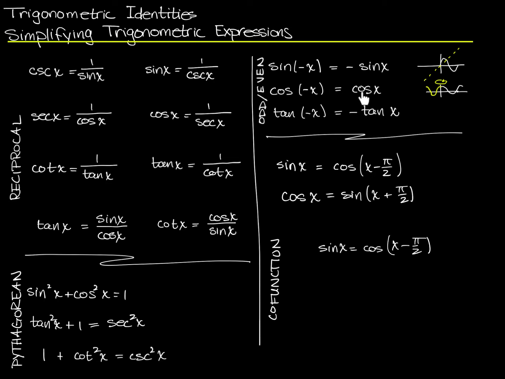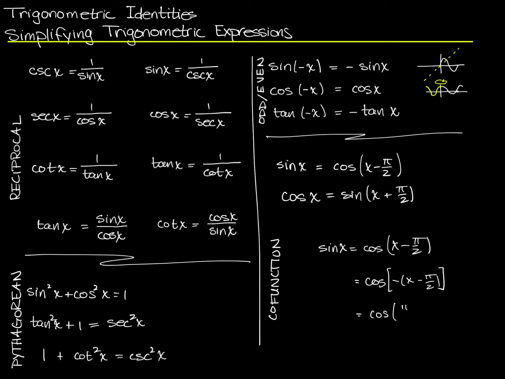Now, cosine is an even function, and that means I can either take the cosine of a positive x or the cosine of a negative x, as long as the x is the same value, and I'll get the same answer. So let's rewrite this right-hand side as the cosine of negative x minus pi over 2. When I distribute that negative, I get minus x plus pi over 2.